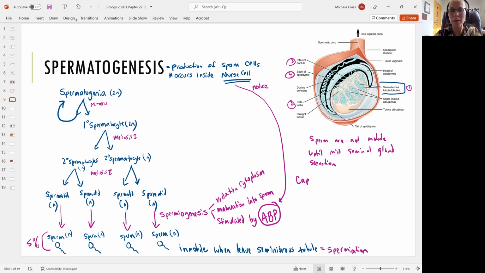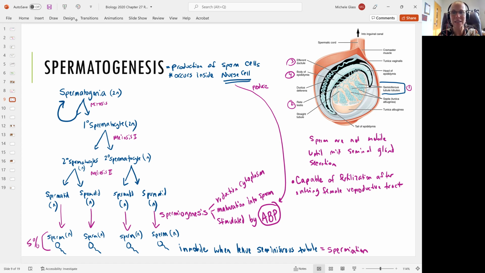Let's go ahead and also say that these cells do not become capable of fertilizing an egg until they have entered the female reproductive tract. So here we're seeing that the sperm have a maturation process that's happening in the testes. We call that spermiogenesis.